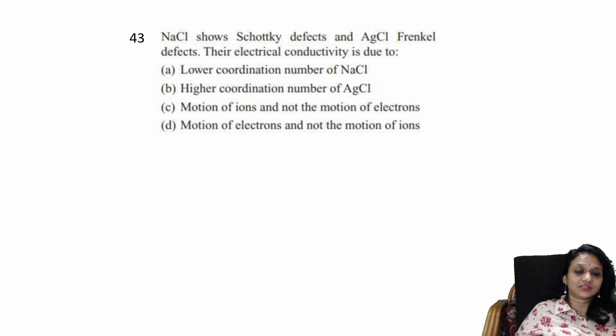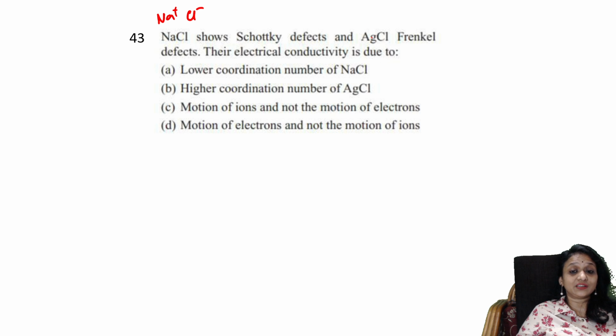Now, 43rd. NaCl shows Schottky defect and AgCl shows Frenkel defect. Their electrical conductivity is due to what? You only tell me, students. In NaCl, what are there? Na plus and Cl minus ions. AgCl is what?